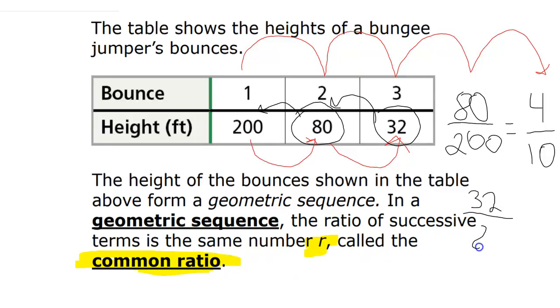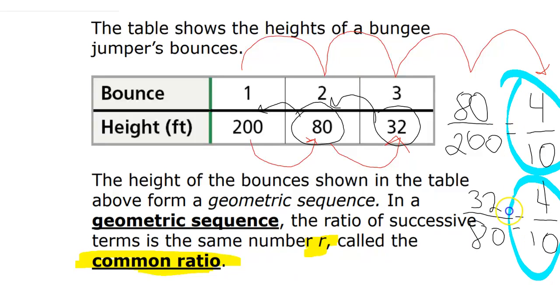And as long as they are that same ratio, then that is going to be our common ratio. 32 and 80, if I divide them both by 4, I get 4/10. We can see here those two ratios are the same. So I've got 4/10 and I have 4/10. So I could say that this is a geometric sequence with a common ratio of 4/10 between my bounces.